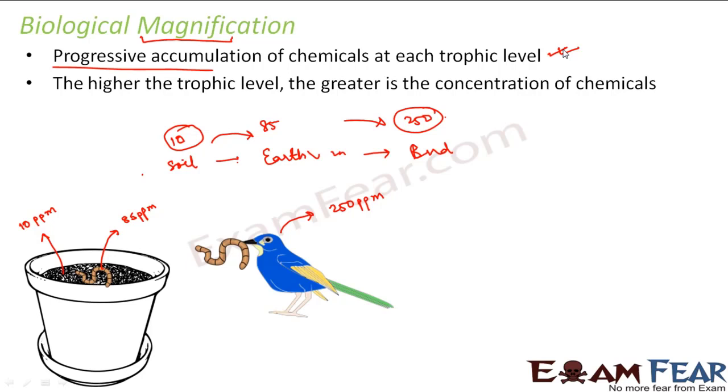So when the food goes inside our body, the concentration of those pesticides or harmful chemicals also increases. That is why it is always advisable to wash, boil and cook things properly before we eat. So this was all about biological magnification. I think with this I have completed my discussion on food chains.